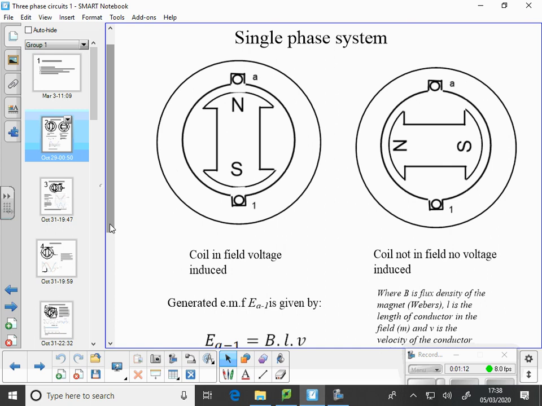We've got a field here, and if we turn that in proximity to those conductors, we would generate an EMF, because the field would be cutting across that conductor, and therefore by the laws of magnetism would generate an EMF and a current would flow in the winding. When the permanent magnet is in this position, there would be no EMF generated.